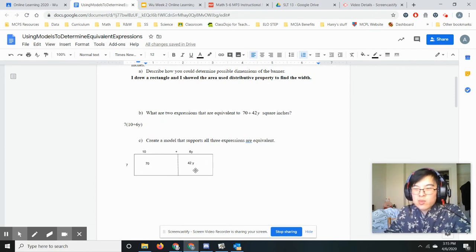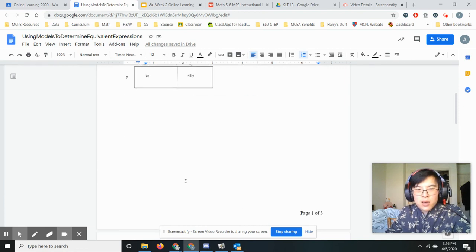If y is 1, that means this area is 42. If y is 2, that'd be 84. Can I really add this in here and say that I have 112 y's? 112 times y would be very different than what I got here.